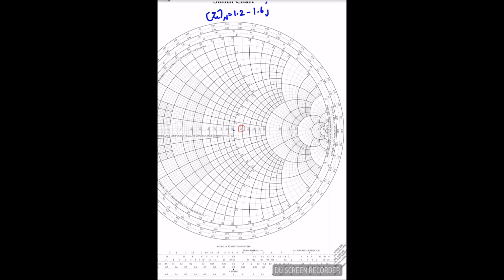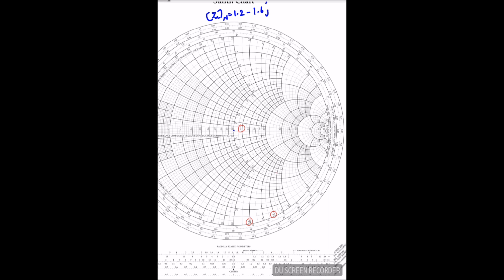And X is minus 1.6. So in the R equal to 1.2 circle, I have to go all the way till 1.6j. This is plus jX, and I told you earlier this is minus jX. Since it is minus, I should come to the bottom of the Smith chart. So I have to go in the bottom part till it is 1.6. This is 1.2 reactance, this is 1.4 and 1.6. So in this R equal to 1.2 resistance circle, I have to go to the reactance of minus 1.6.